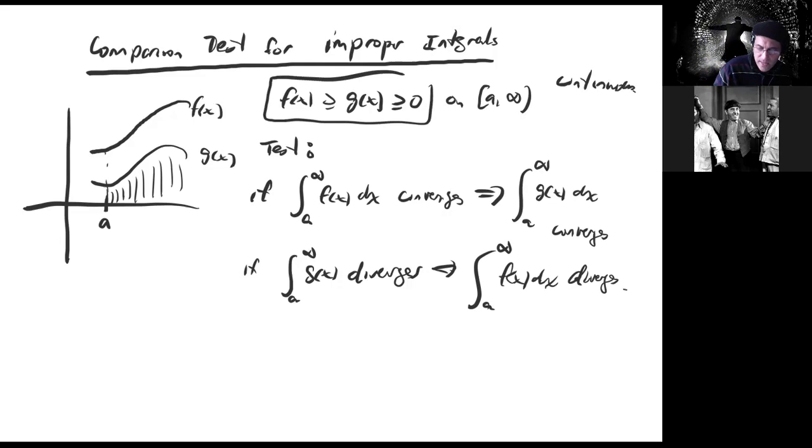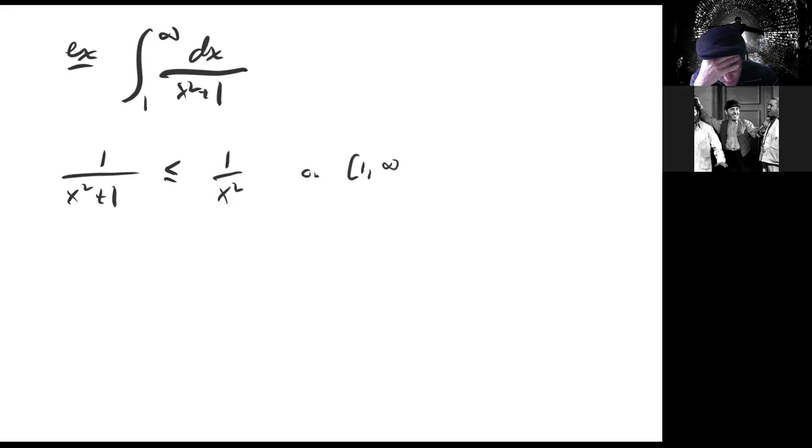Let's see how this can be used. This cannot be used to compute an improper integral, but it may be used to determine whether an improper integral converges or diverges. So here's an example, a simple example. The integral from 1 to infinity of dx over x squared plus 1. Now we actually did this integral, but let's assume we didn't do it. So we can note that 1 over x squared plus 1 is less than or equal to 1 over x squared on the interval from 1 to infinity.